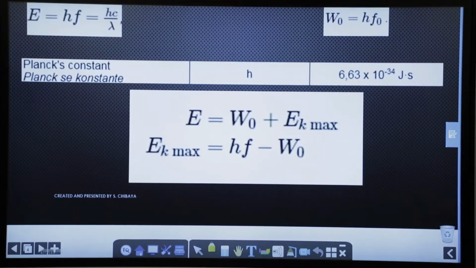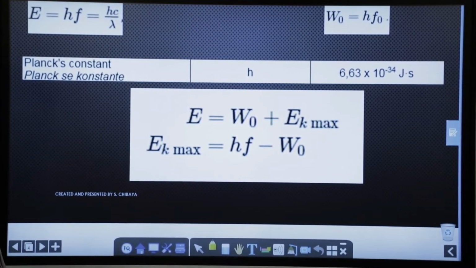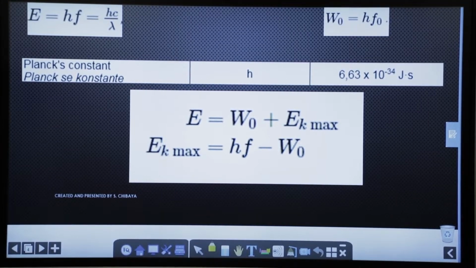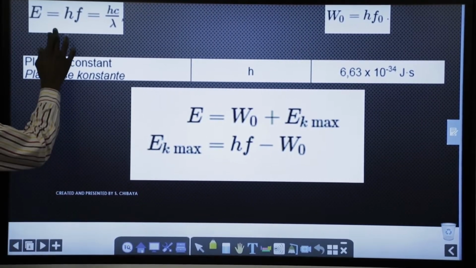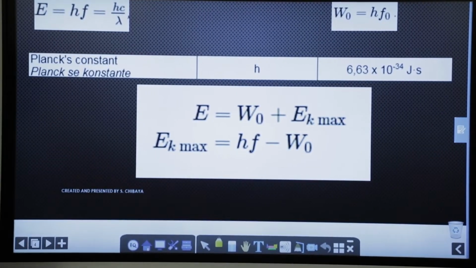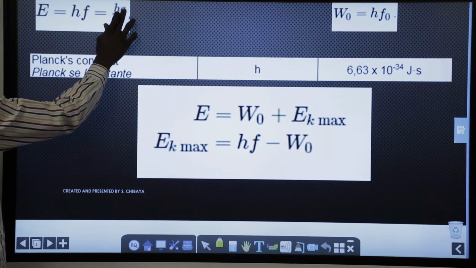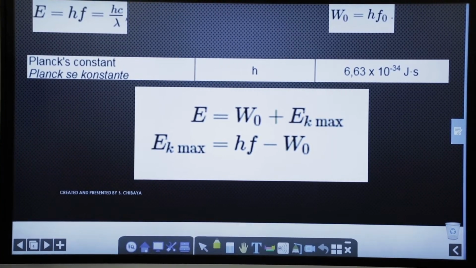Let's look at a few formulas applicable to the photoelectric effect. The first one, which I talked about when we looked at the Doppler effect, says E is equal to hf, which is equal to hc over lambda.